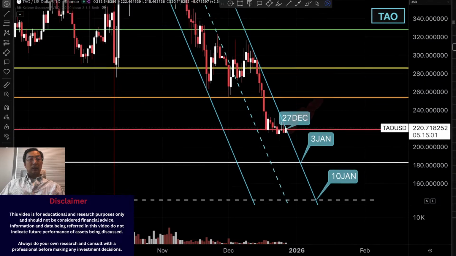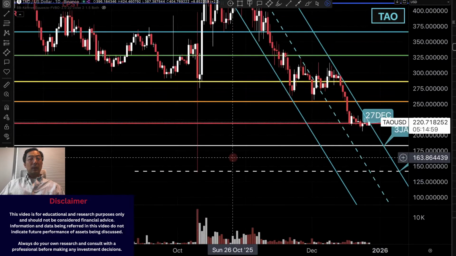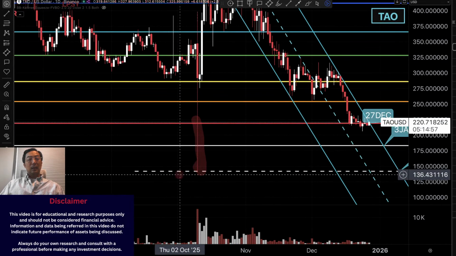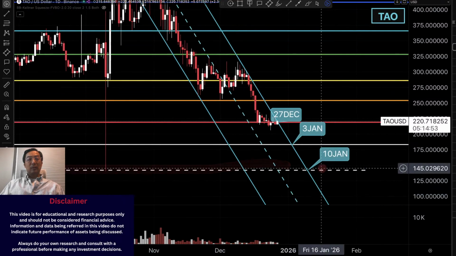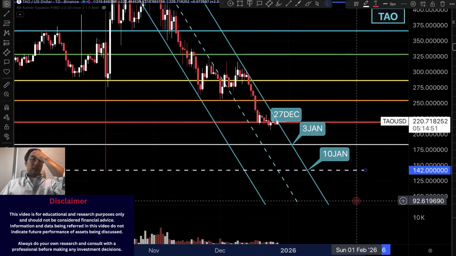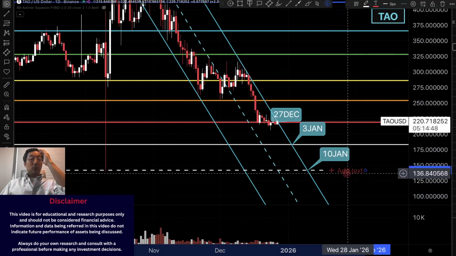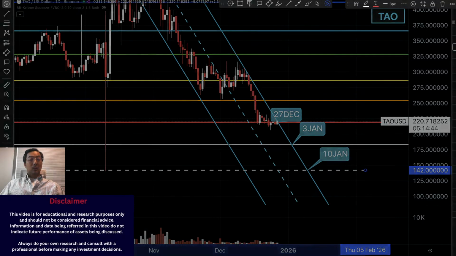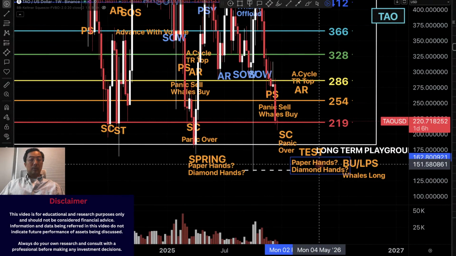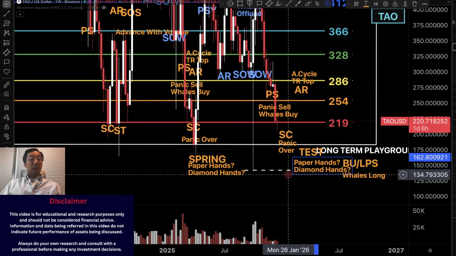Looking at what October 10th did, the dash line over here, lying around the 140 price level, is a place where we don't want the price to get to, but the subsequent tests, the paper hands, diamond hands testing period, may end up around there.